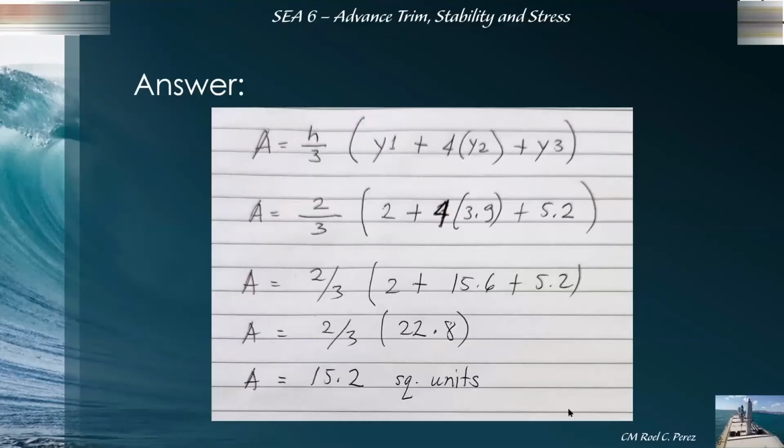Okay, so if you already know how to solve it, then you don't have to lay out the formula. Just lay out the details like this. I accept that. So we got 15.2 square units.